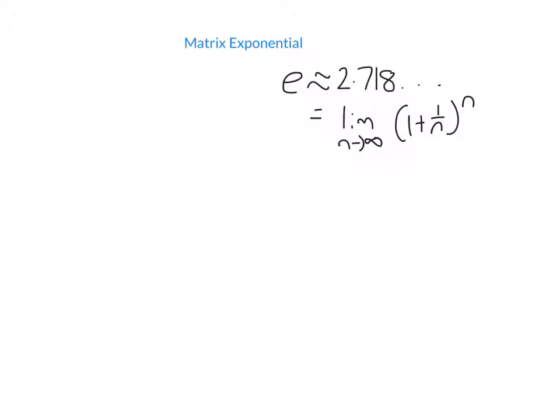It's so important for so many reasons, not least of which is when you differentiate y equals e to the power of x, you get the same function back. So it's very important in differential equations as well. We're not going to go too much into the calculus, but because of calculus, there is a way that we can write e as a polynomial.